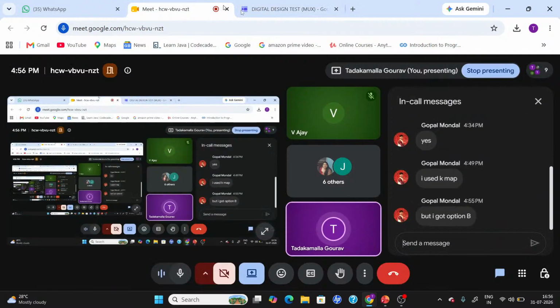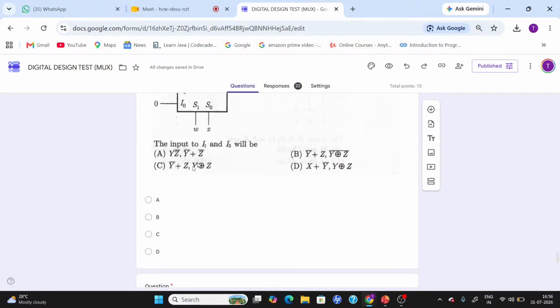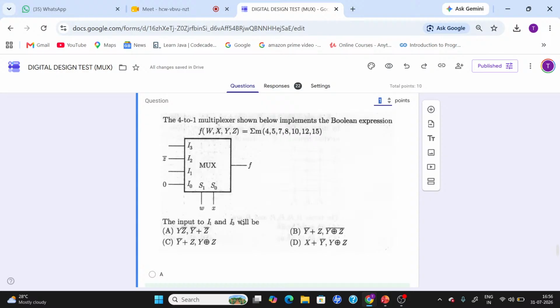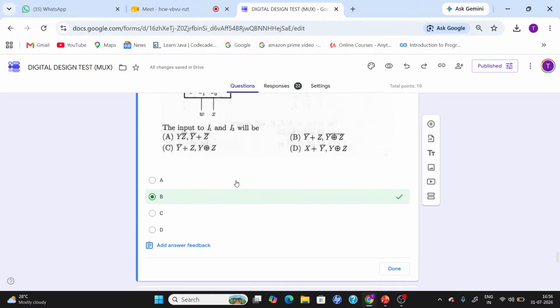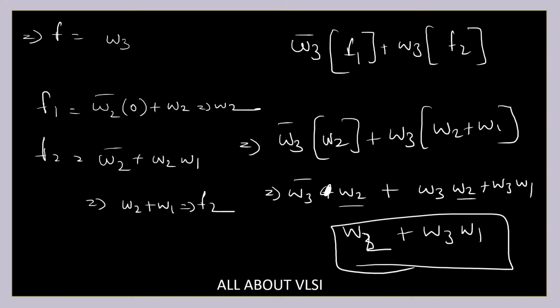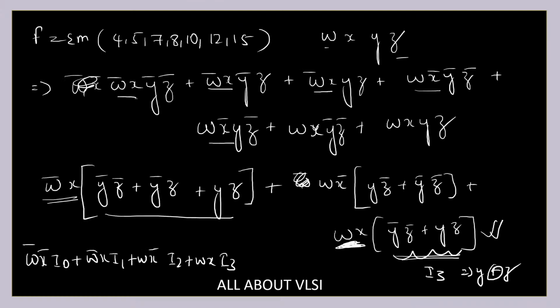Others, have you tried? I tried and got option B. Okay, for the previous question you got option B. Once check it out. It's option C? Is it option B?